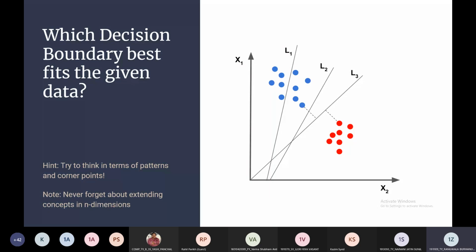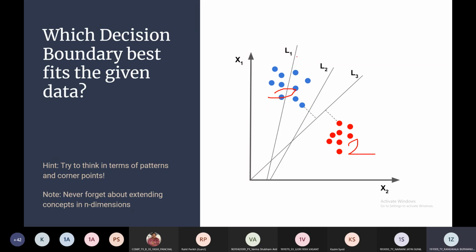But what SVMs do is they try to create a decision boundary and then try to maximize the width between the two different classes. This is mainly done on data that is linearly separable. As you can see in this figure on the right, the dots in blue are class 1 while the dots in red are class 2.